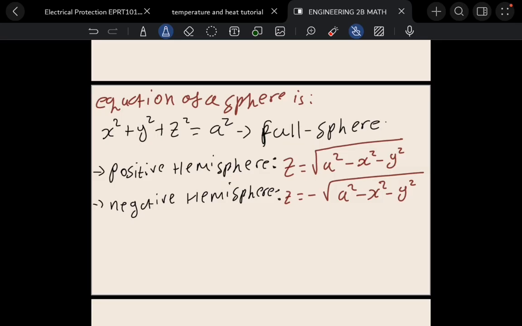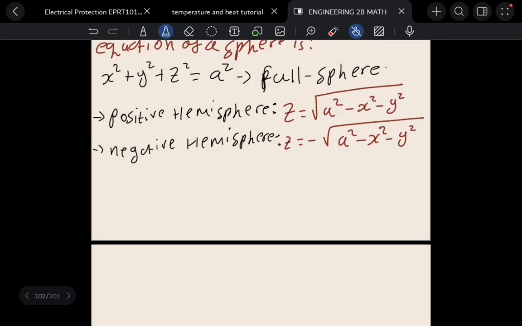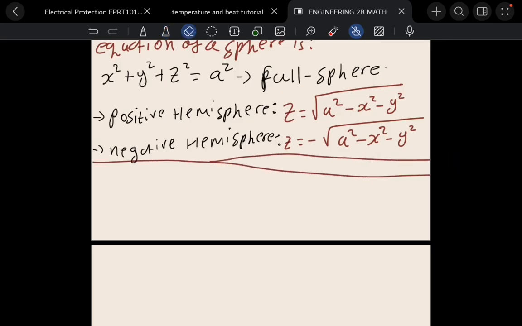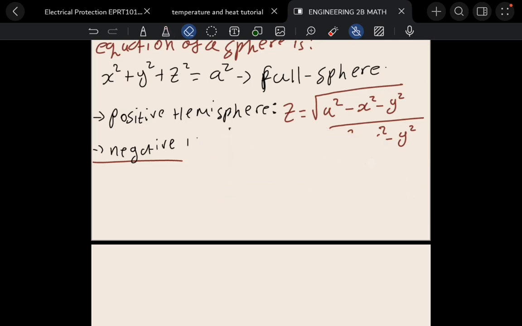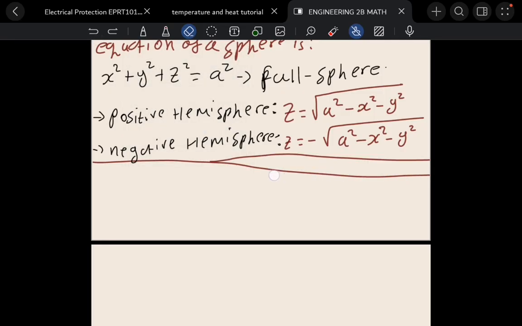Now, what you need to understand is that whenever we are talking about bounds here, we are only going to talk about a sphere, but we can also include one more function or one more plane, which is going to be a cone.